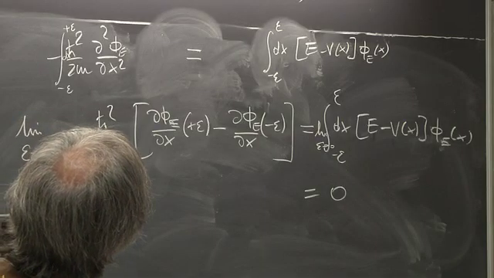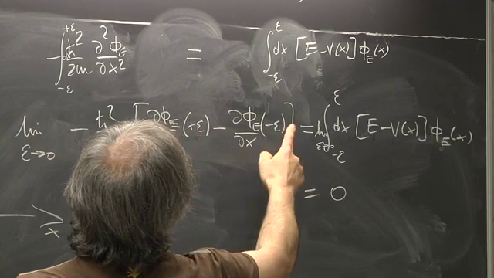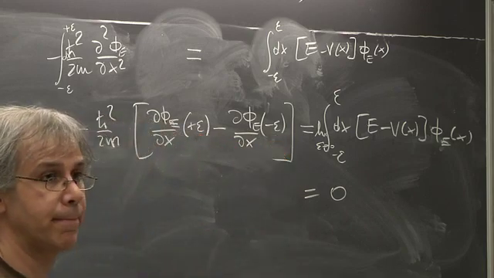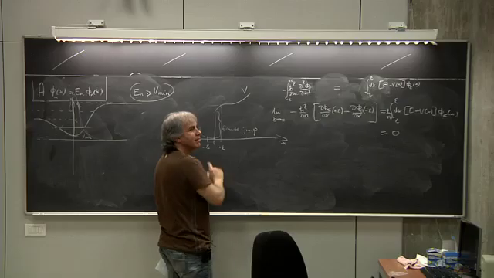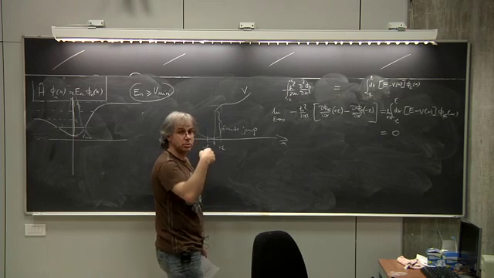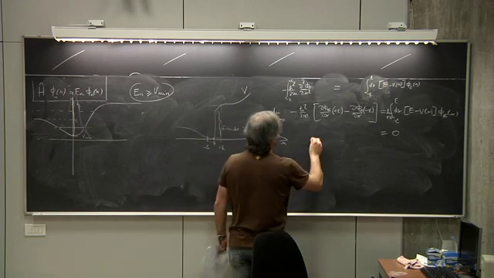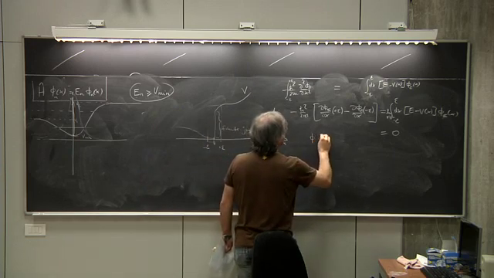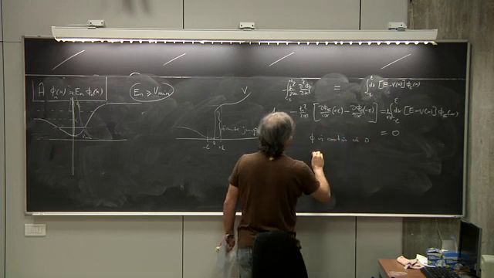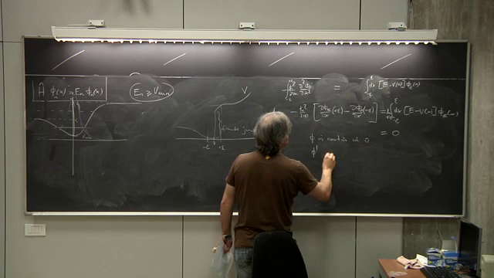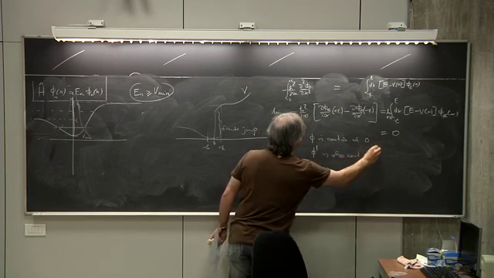And this immediately tells me that the two derivatives from the right and from the left should just equal each other, okay? So the function not only is continuous, but even the first derivative is continuous, okay? All right? So this tells us that phi is continuous in 0 and phi prime is also continuous in 0, okay?